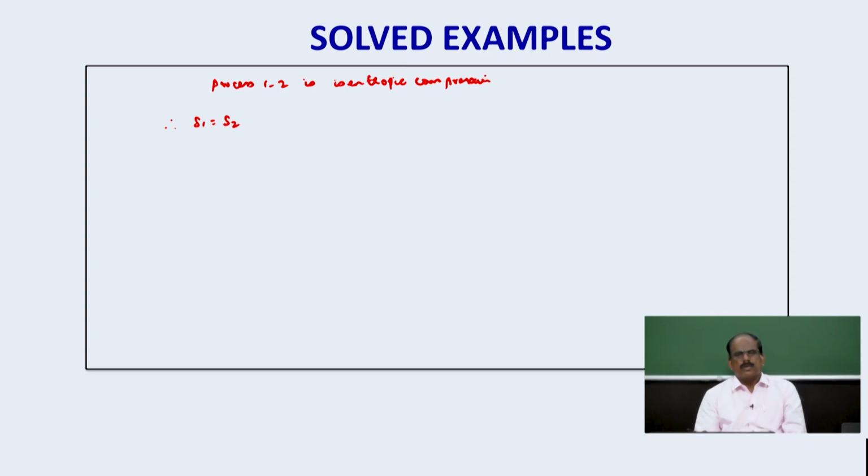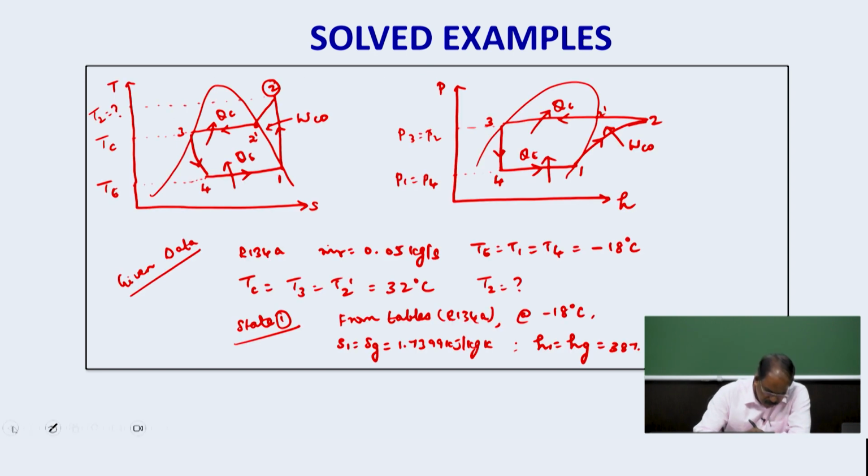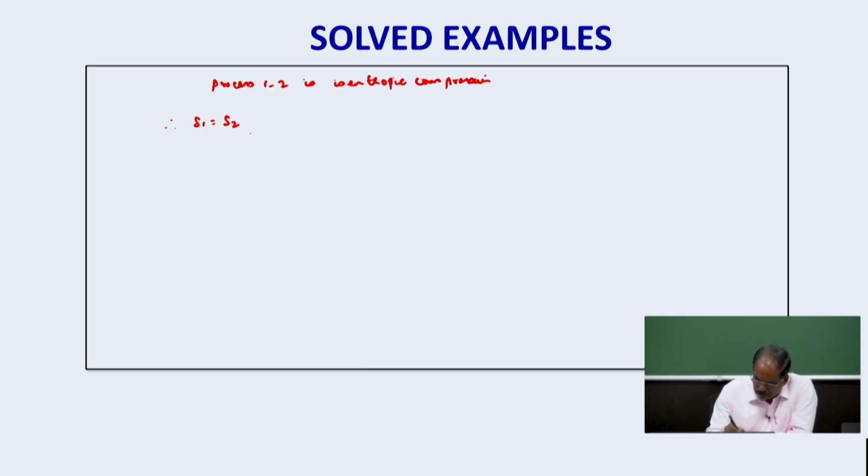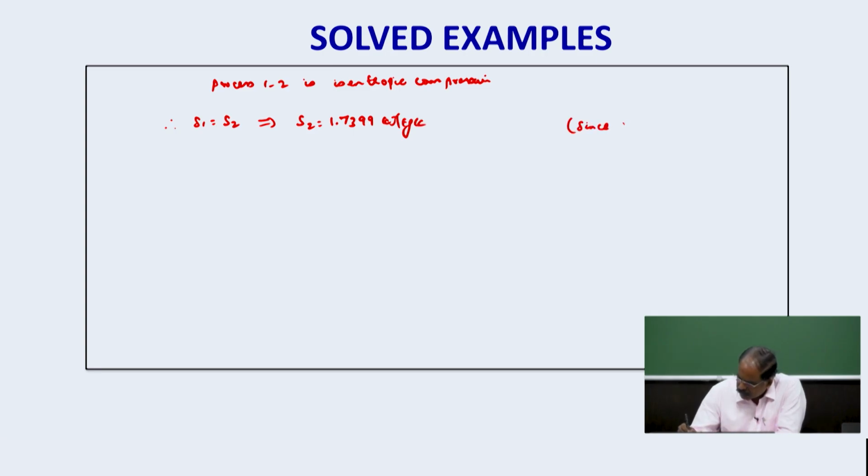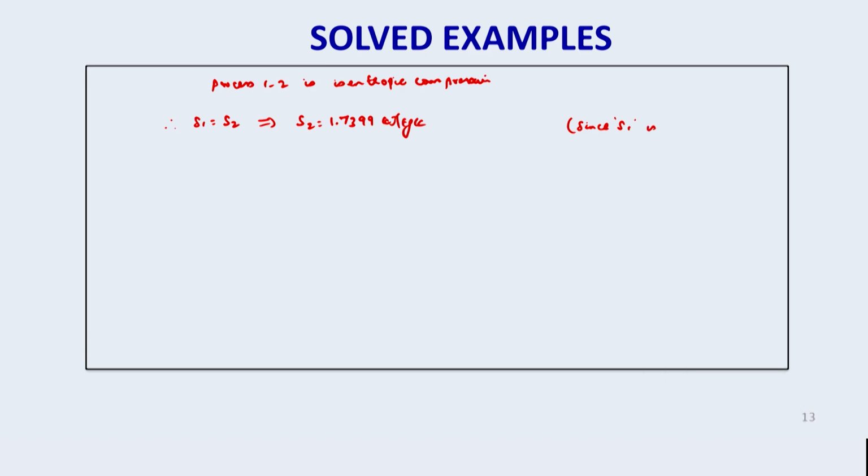The S1 value we have found, that is Sg, which is 1.7399, which implies S2 is equal to 1.7399 kilojoule per kg Kelvin, since S1 is taken from the R134A table.